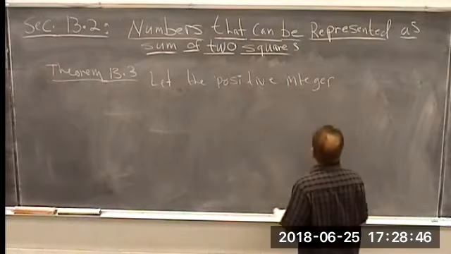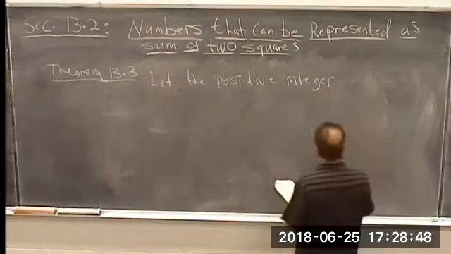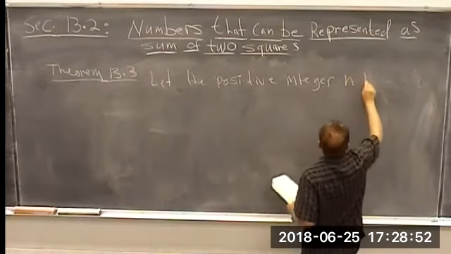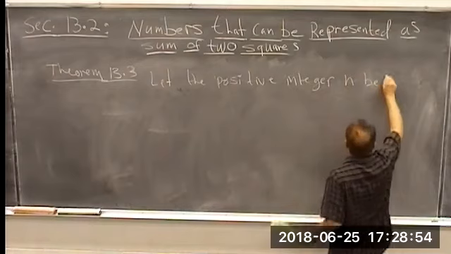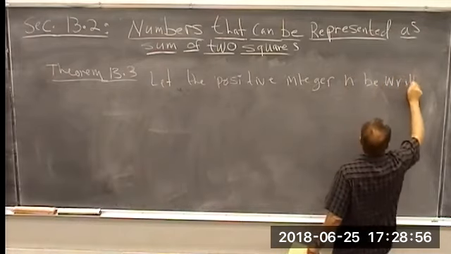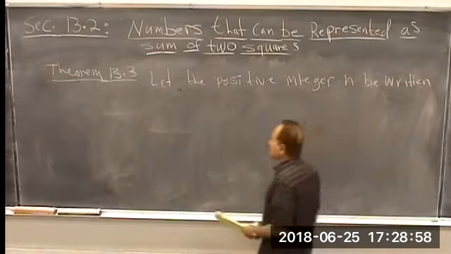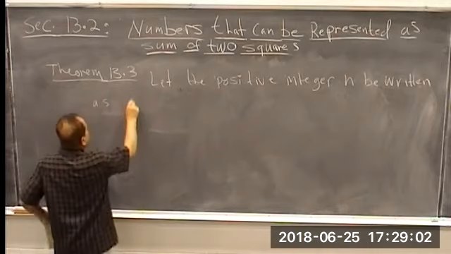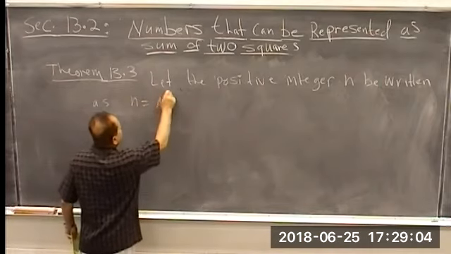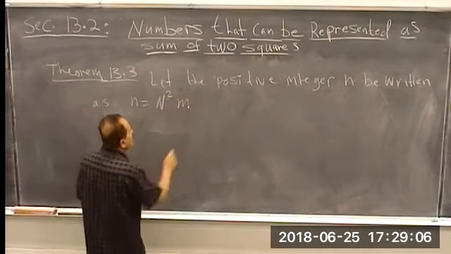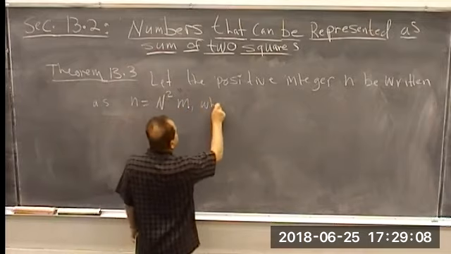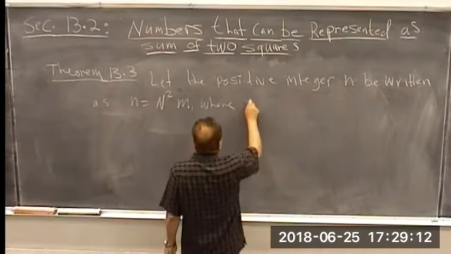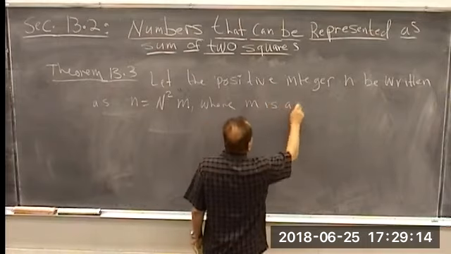in other words, this looks strange the way it is stated here, but later on we're going to state it in a different way. And it can be written as, which we know we can do, n equals N squared m, where m is square free.